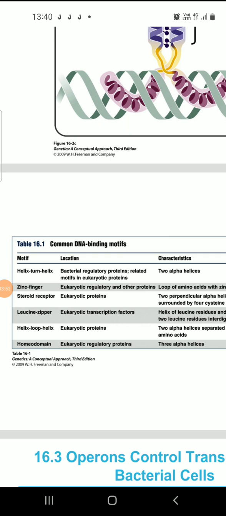The helix turn helix motif is located in the bacterial regulatory proteins, with related motifs in eukaryotic proteins, while the zinc finger motif is found in eukaryotic regulatory and other proteins. In the steroid type of receptor, these are eukaryotic proteins. Then the leucine zipper, eukaryotic transcription factors, and helix loop helix, they are eukaryotic proteins. Then homeodomain are the eukaryotic regulatory proteins.